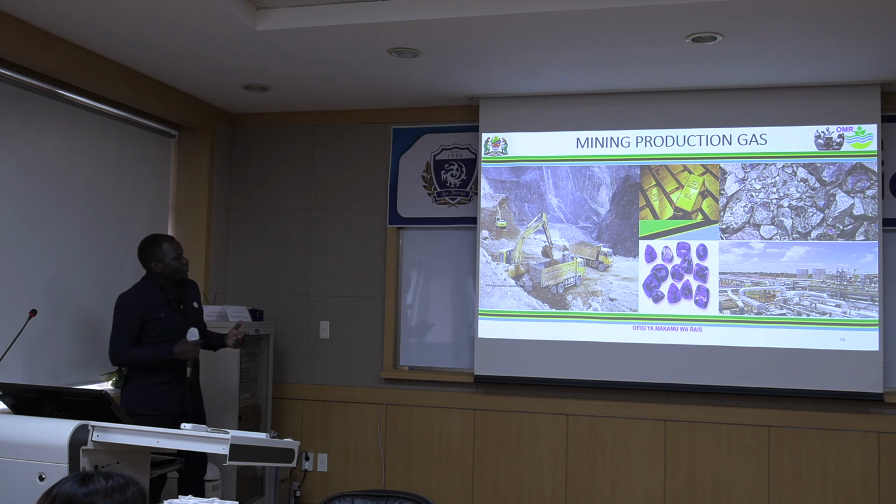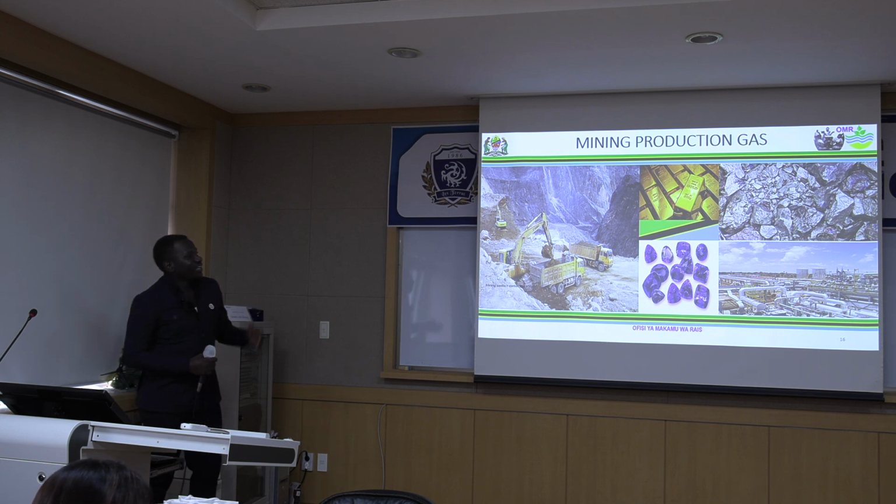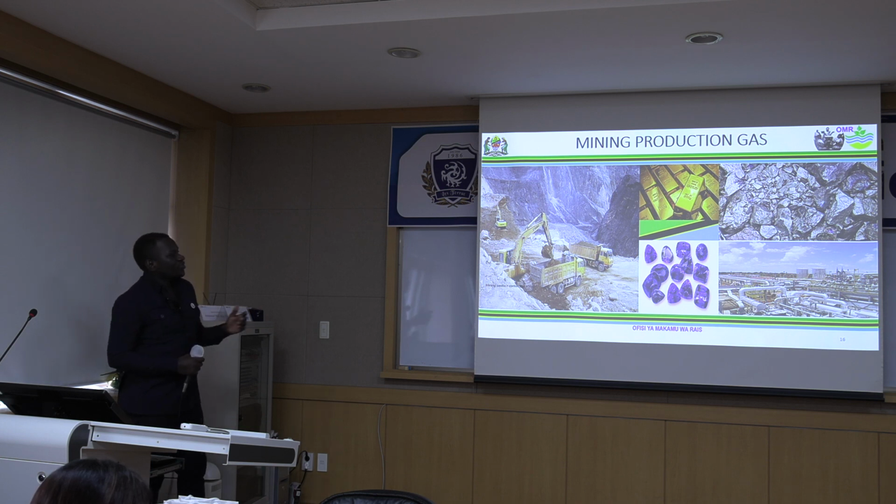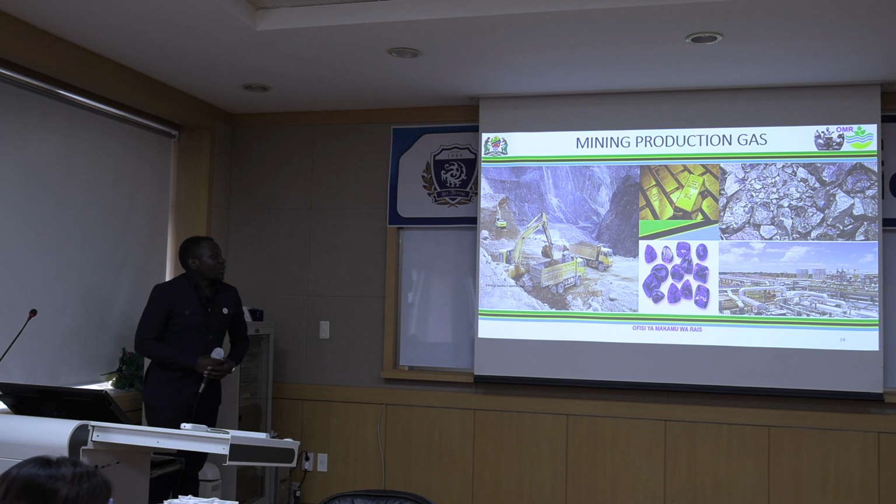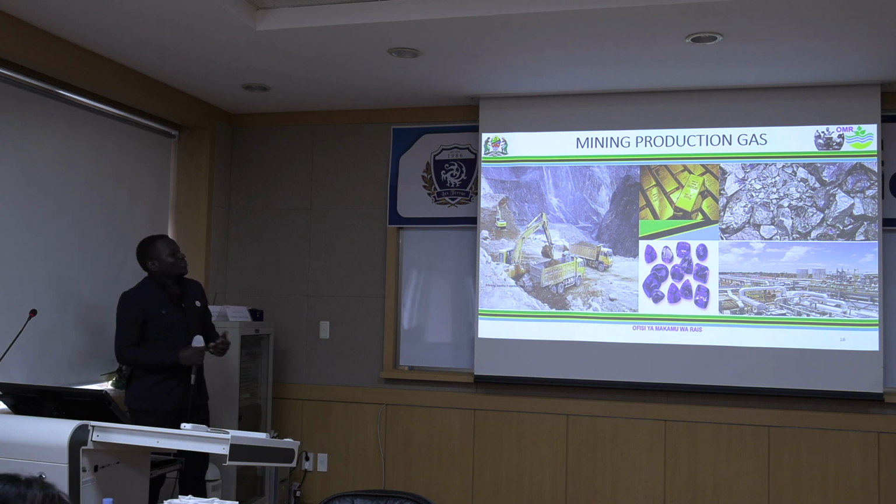We have enough reserve, not yet started extracting, but this year we started at a minimum, and we have a huge reserve for coal. We expect by 2030 we'll be among the top 3 producers of coal, though now the world is changing to other technology. And also we are producing gas, and even though we are at the initial stage of producing, we have enough reserve for future electricity production.